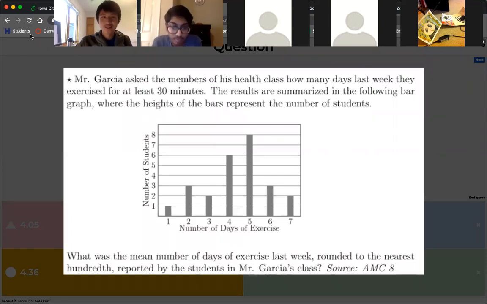Do you guys want to go over this one or no? Oh, someone can't see it. Is your screen blank for you, or is it just like you cannot read it?